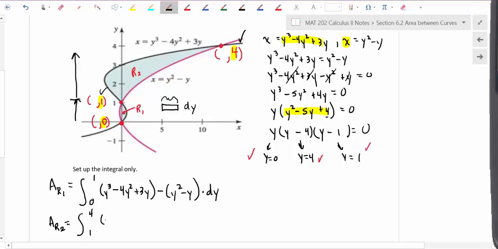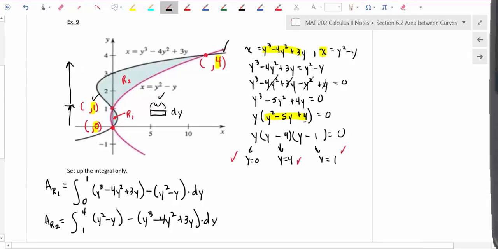So we're going to say y to the second minus y, subtract the curve on the left, y to the third minus 4y squared plus 3y times dy. And again, the reason we do it in that order is because we need a positive value of the width of this rectangle, and if we take the big number minus the small number, we're going to get a positive value.